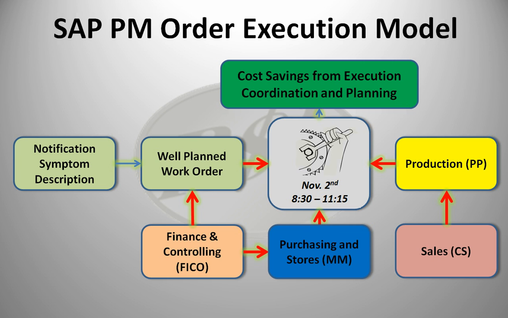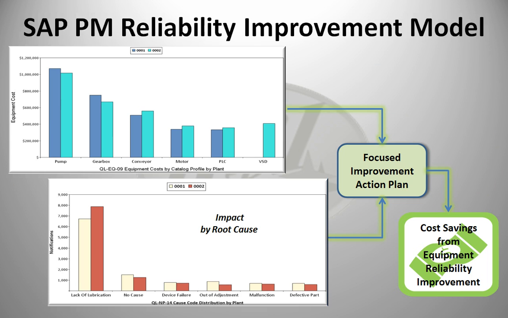Obviously, there is a value to pre-planning and coordinating all parties involved to execute maintenance most efficiently and effectively. But the real payback is obviously in improved equipment reliability. Assembling all the failure data over time to understand where collective reliability improvement opportunities lie by equipment type and root cause allows for focus on the low-hanging reliability improvement fruit.